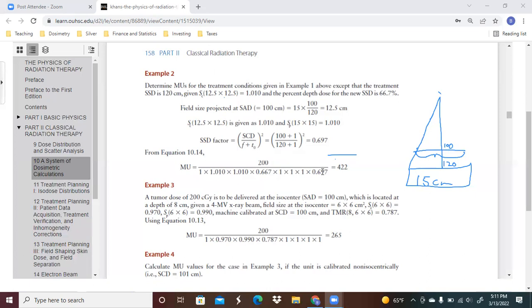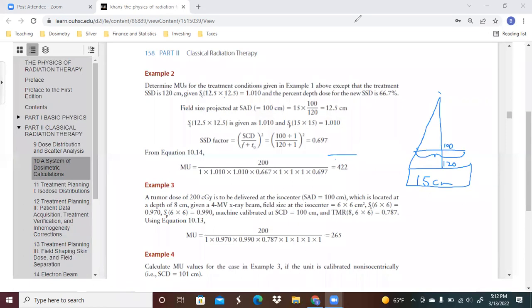So we multiply the factors at the bottom, and it just says 200 divided by all of those things multiplied together ends up being 422.